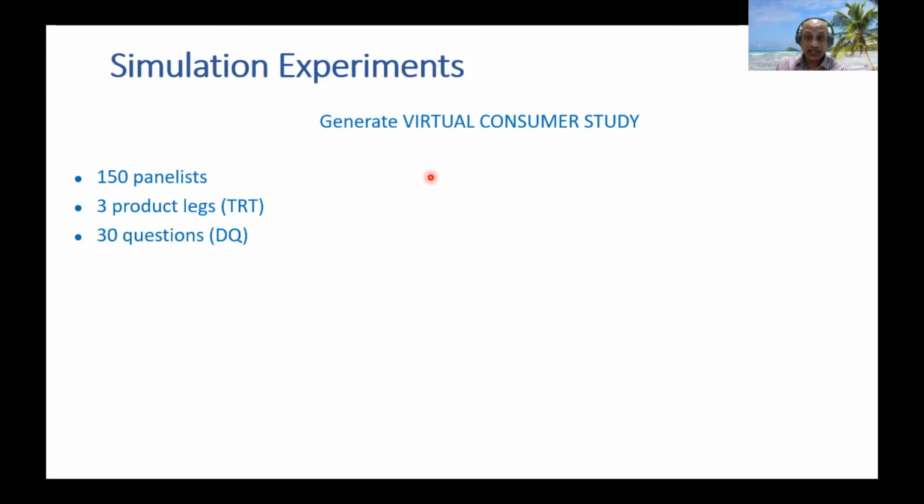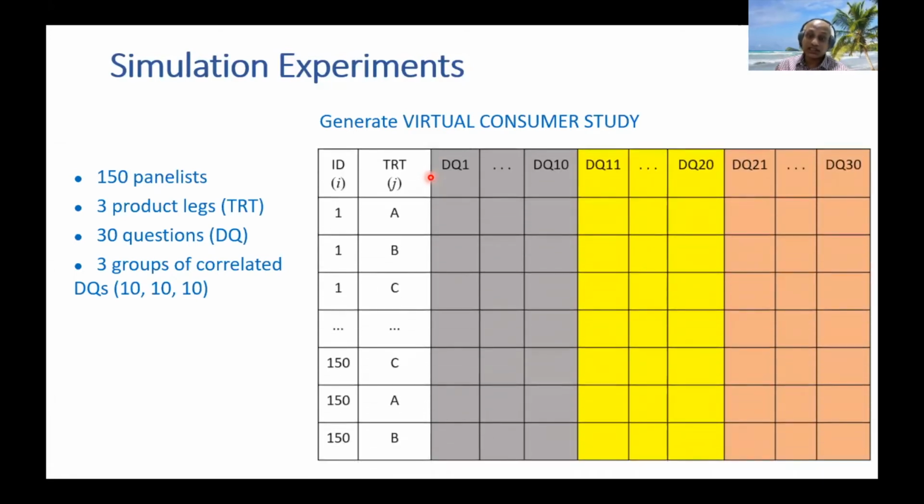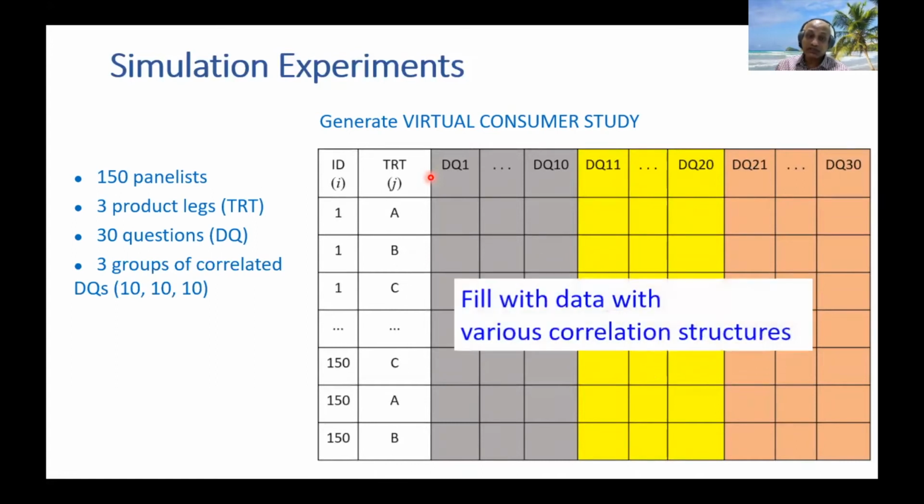And let us further assume that these 30 questions are grouped into 3 blocks of correlated DQs, each consisting of 10 questions. These 3 blocks simulate the idea of the 3 latents or factors. Finally, we will generate hundreds of such simulated studies with various combinations of model parameters as described in the next slide.